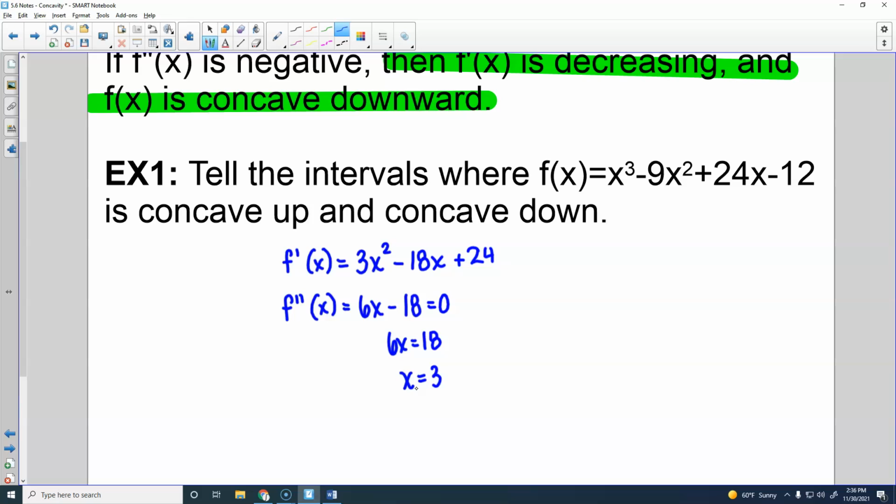Now, I don't know why nobody has come up with a name for this point right here. It is not called a critical point. Critical points are only for the first derivative. There is no standard name for this that mathematicians agree upon. So we should probably come up with a name for it that we want to use, but we're not going to put it on the AP exam.